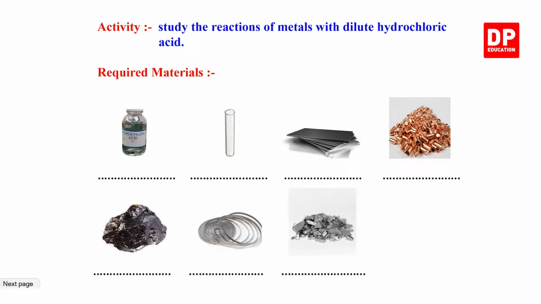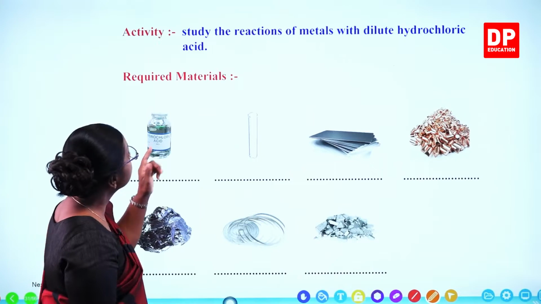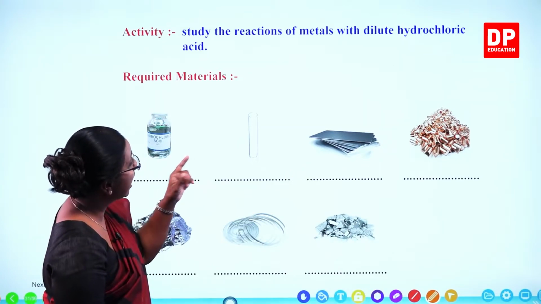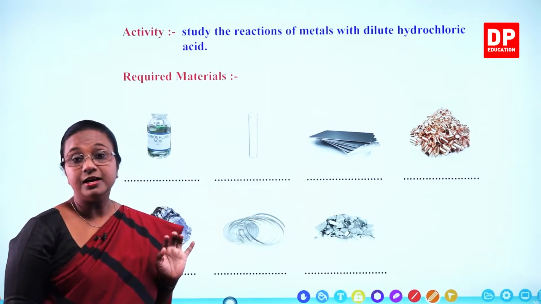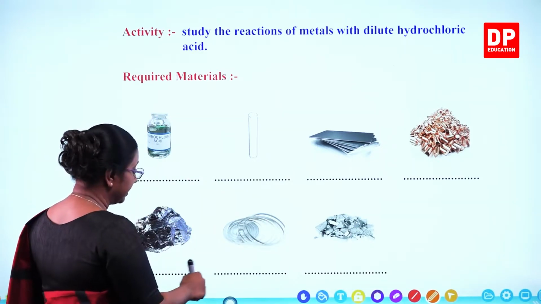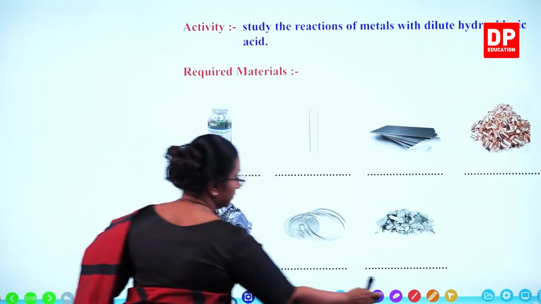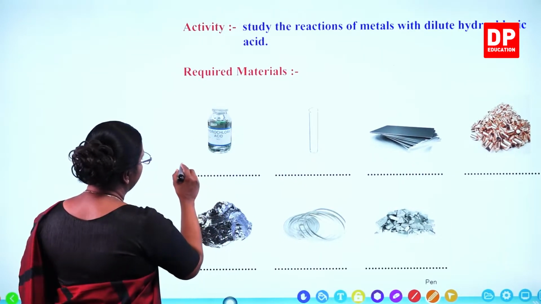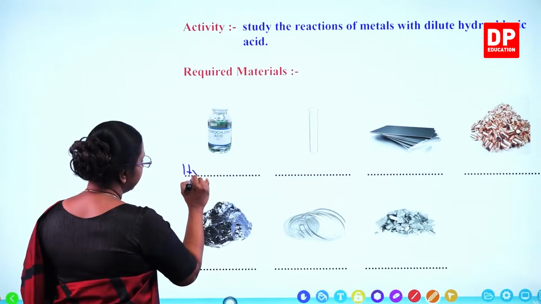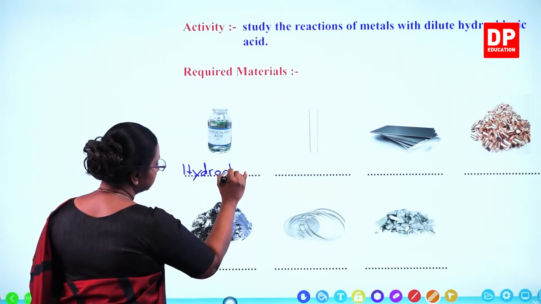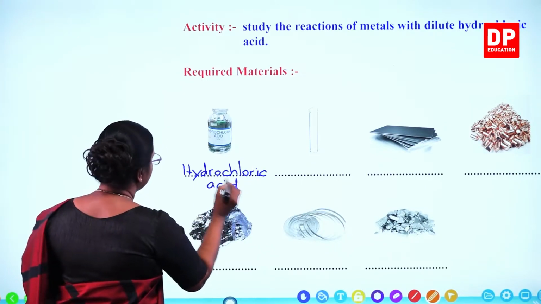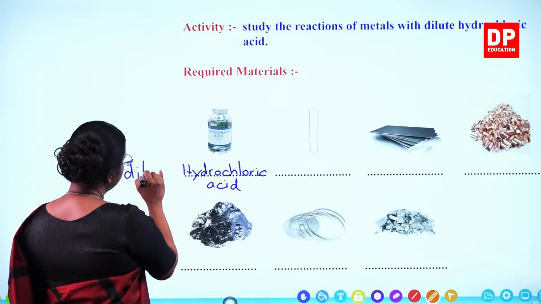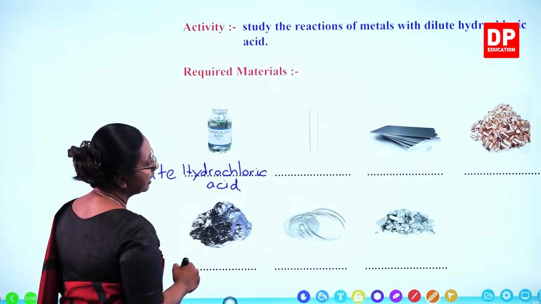To understand the reactions, first we will look at an activity. Activity: study the reactions of metals with dilute hydrochloric acid. To do this activity, we need the required materials. Here we need dilute hydrochloric acid.